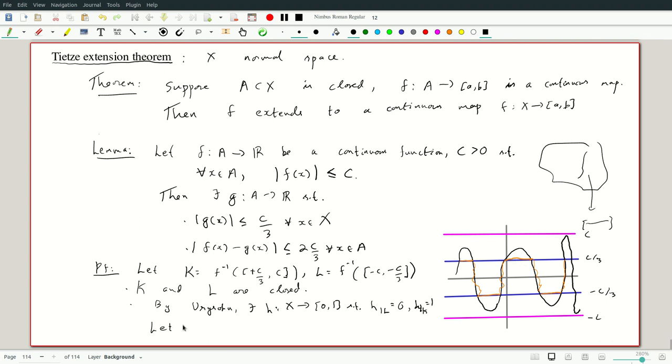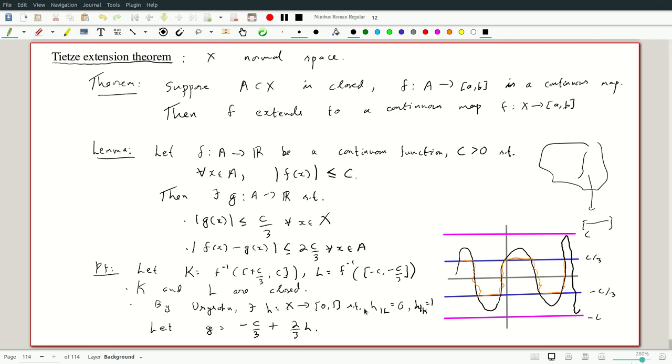And you let G be the scaled version. G is going to be, when H is 0, minus C by 3. So minus C by 3 plus, when H is 1, it has to hop all the way, so 2 by 3 times H.